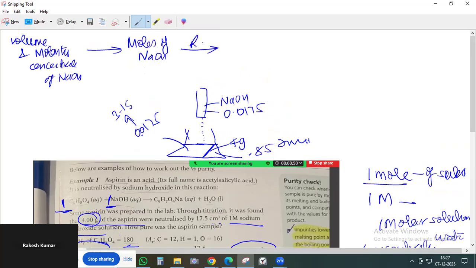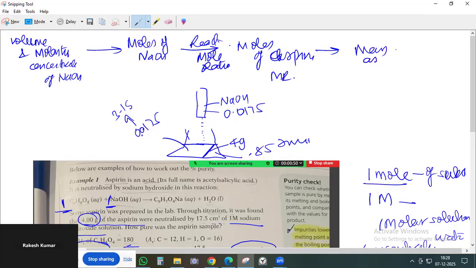You react it, and from the mole ratio of the reaction, you know the moles of aspirin. And if you know the moles of aspirin, and because you know the Mr of aspirin, you get the mass of aspirin. Then you compare it with the actual mass, and then you can get the purity.